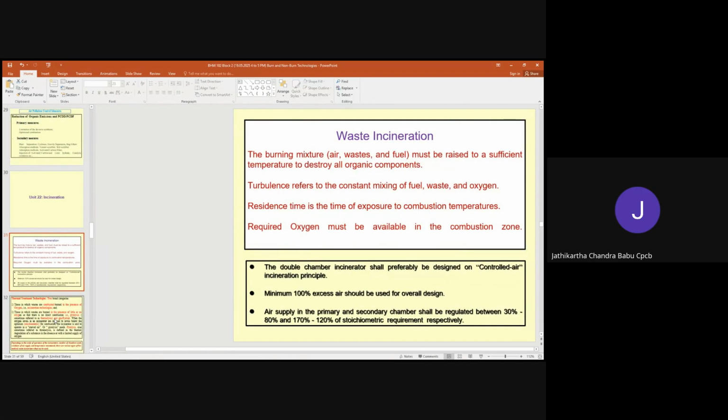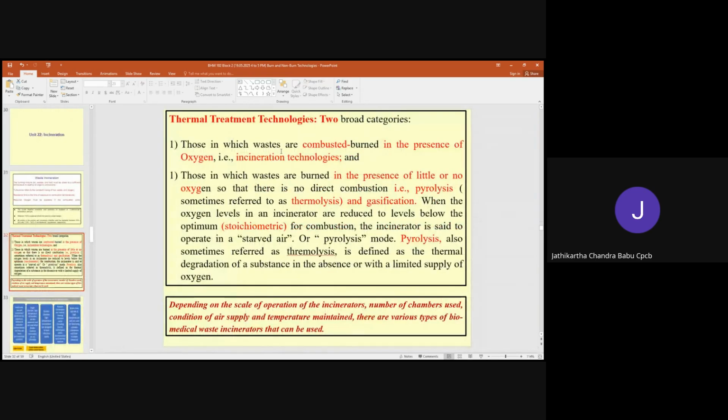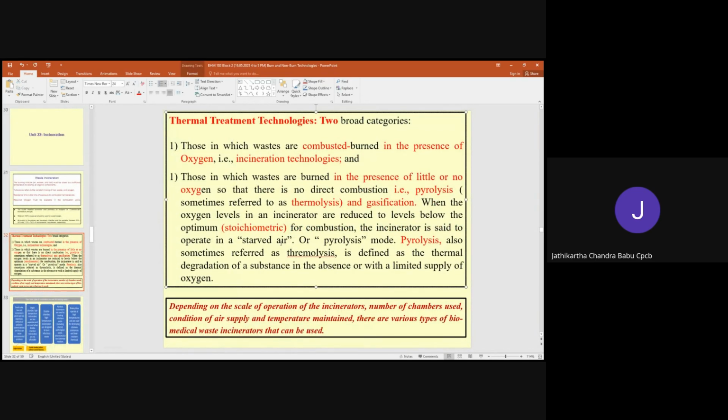Incineration is nothing but burning, where we have to adopt the three T's: turbulence, reaction time, and required oxygen must be there, so that you can ensure the waste is converted into harmless compounds. Incineration is the controlled conversion of organic waste into harmless compounds under controlled conditions and controlled air supply. Adequate air supply should be given, so that you can ensure proper combustion of the waste.